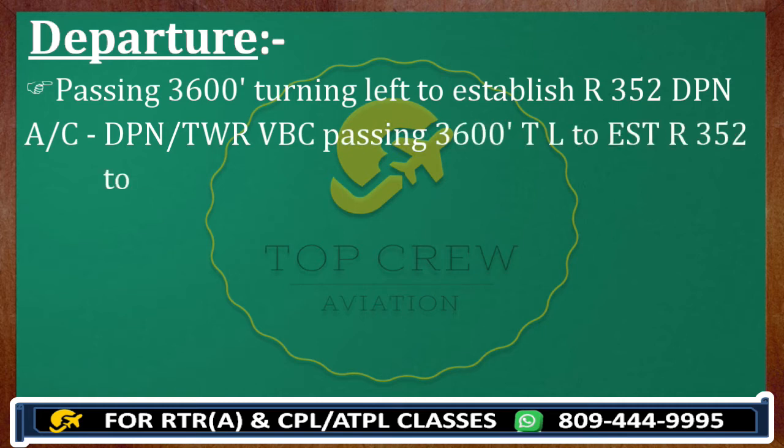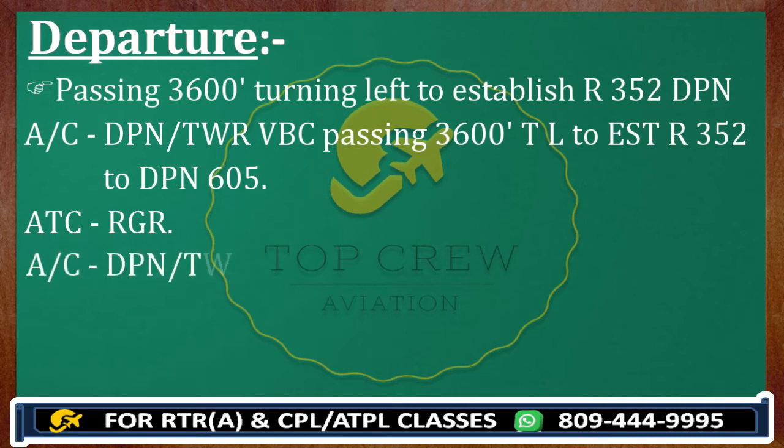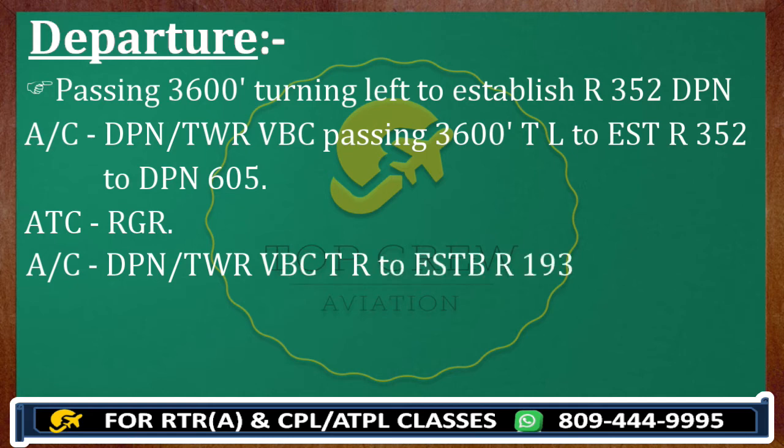ATC is going to tell you again, Roger. Then once you have intercepted radial 352, you are going to tell them again, turning right to establish radial 193 Delhi Papa November to Aquila.